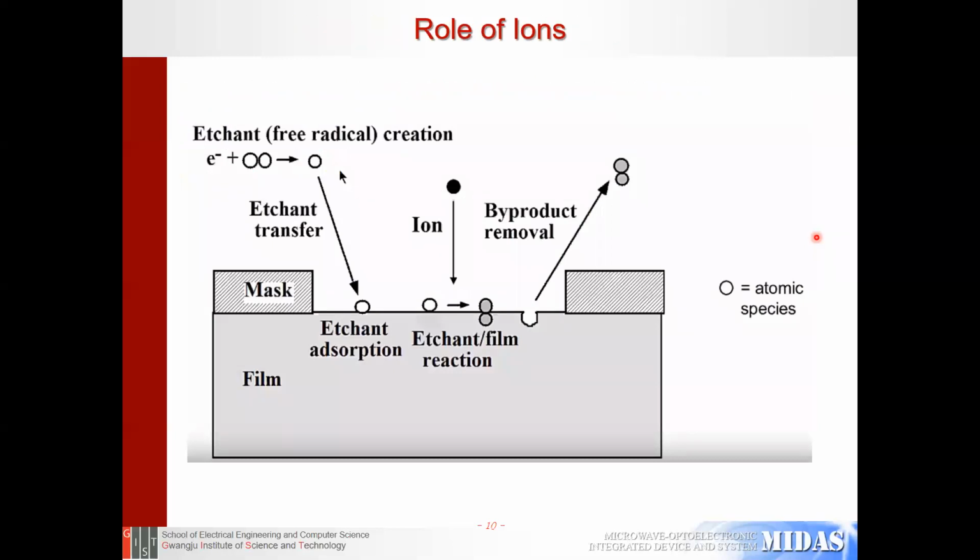So in this diagram, I have shown the role of the ions in the etching process. Here at the top, we have an electron colliding with the source molecule and generating free radicals. Those free radicals then diffuse to the surface which I want to etch, and they absorb into the surface.